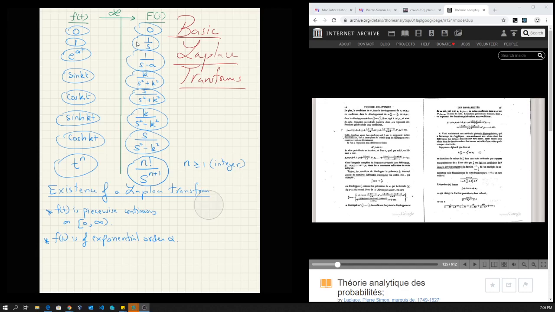So bounded means, if I have, for example, some graph like this, right? So let's say maybe something does like this. Well, as long as I can find some kind of exponential that's always higher after a certain point, some point in time after which the graph of this exponential is always above my graph, this function here, f of t, is called of exponential order. So what's this exponential? Well, this exponential could have a formula e to the alpha t.